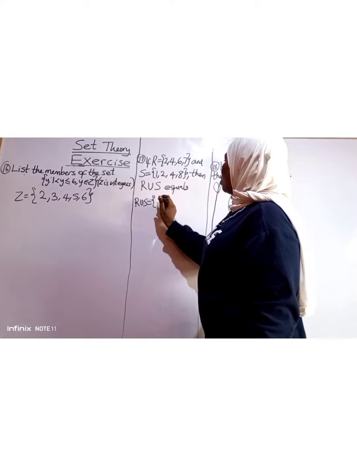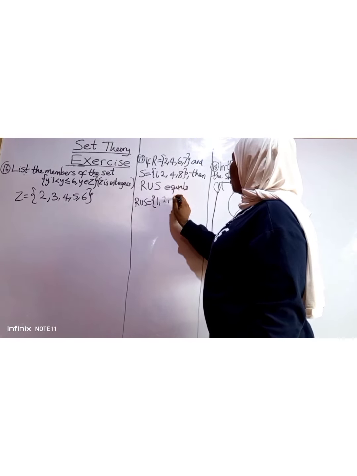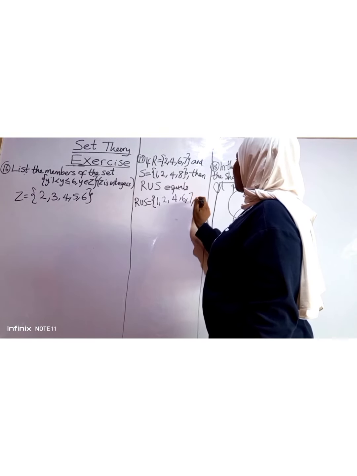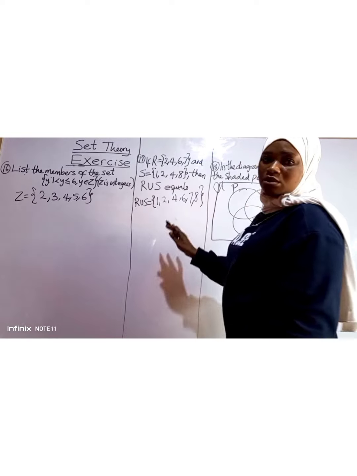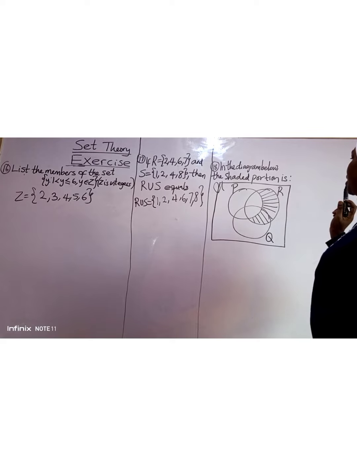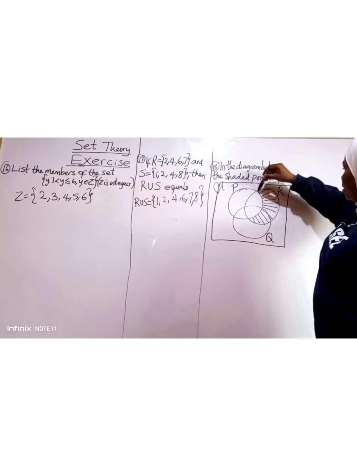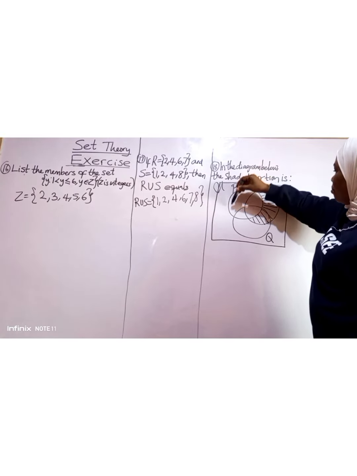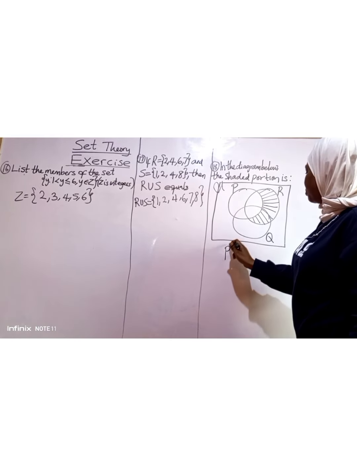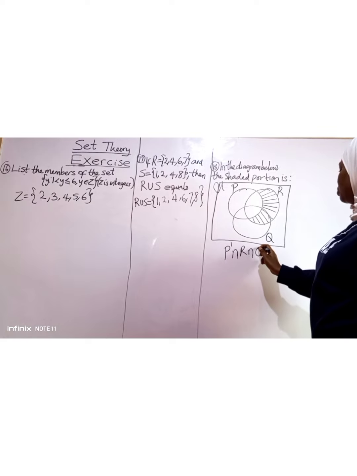So you write 1, then 2, 4, 6, 7, and 8. So number 18, in the diagram below, the shaded portion, now let's say the shaded portion here doesn't tamper with P at all. That means that will be P prime, intersects R, intersects Q.